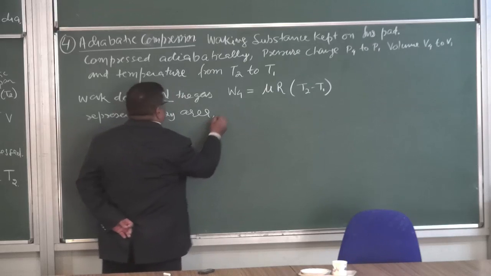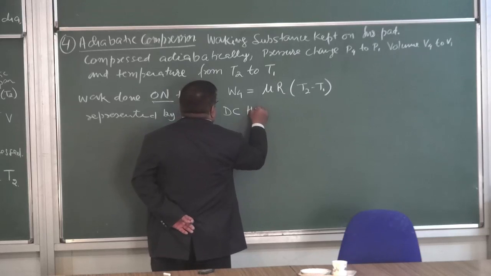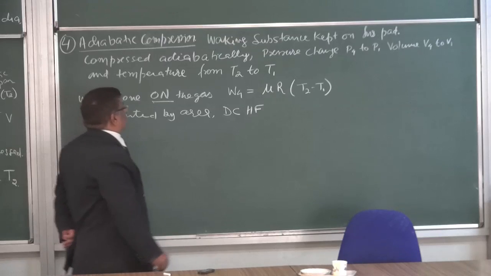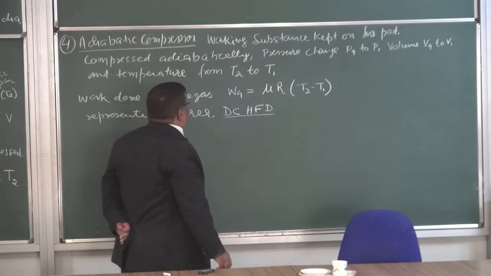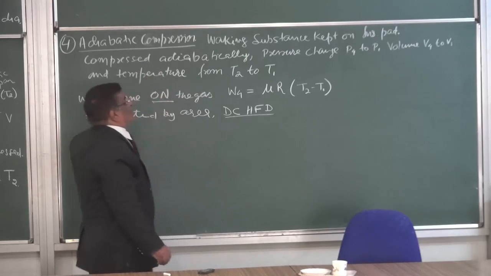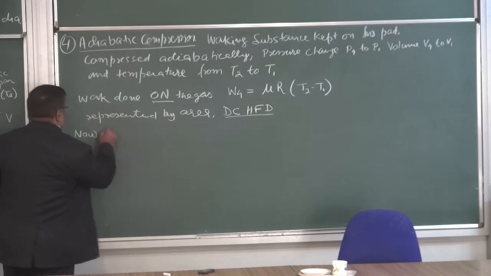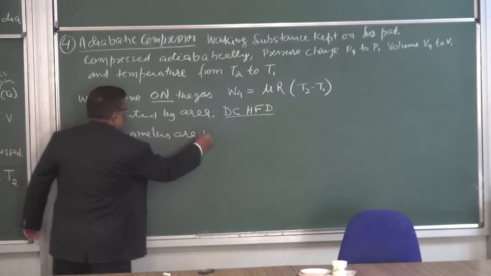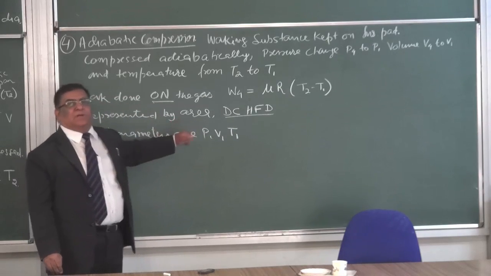This is DC, HF. Represented by area DCHFD. Okay. After that, what happens? Parameters are P1, V1, T1, and we can start the cycle once again.